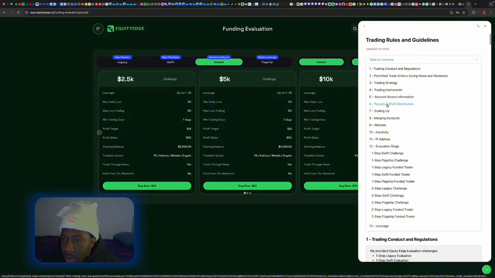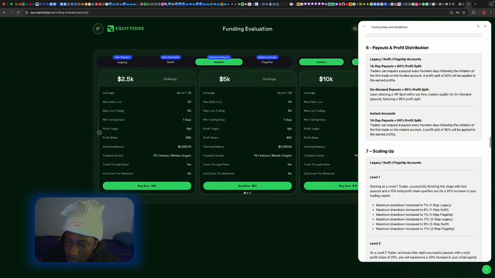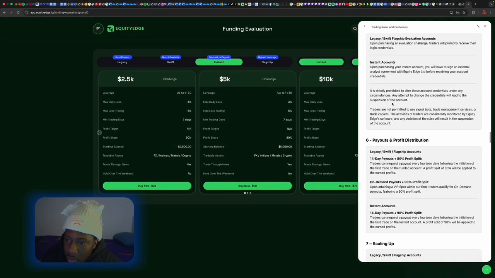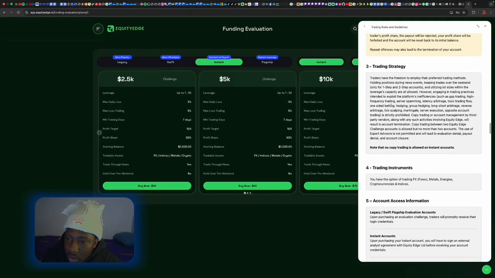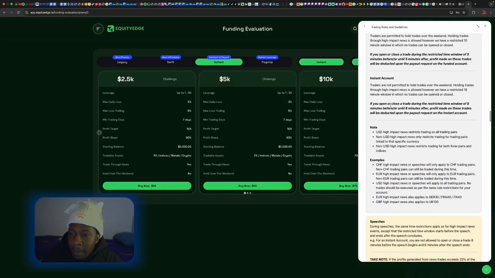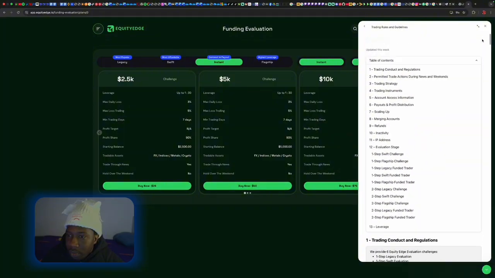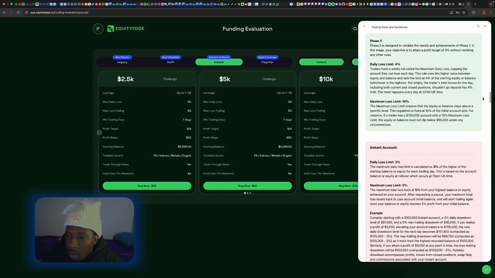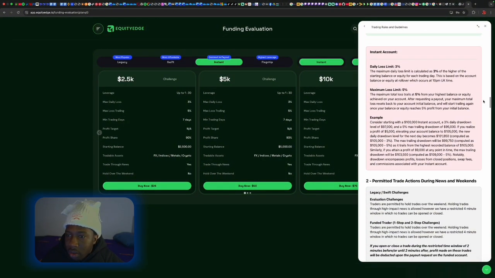Let's start with payouts and distribution, because payouts are my main focus. I don't want to focus on the challenges, flagship, legacy, or Swift. It's hard for me, I just need to do a quick check. So let me go to the instant account.